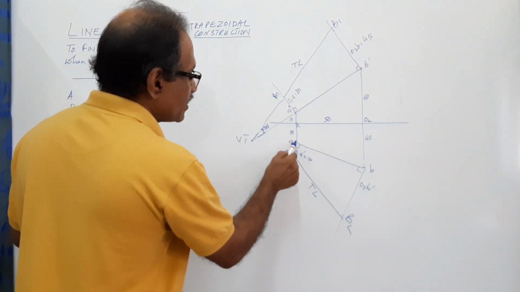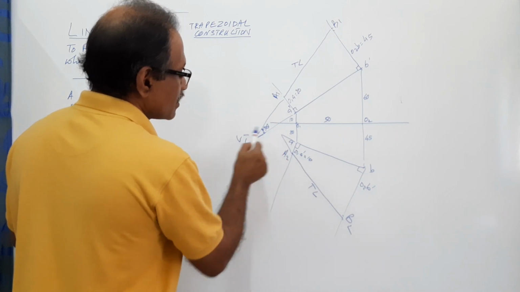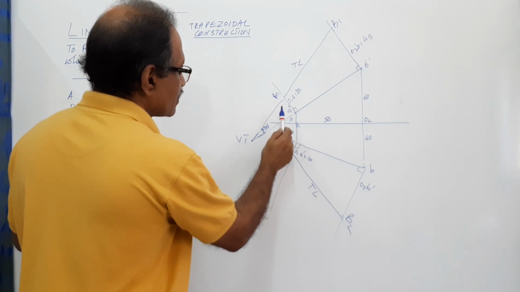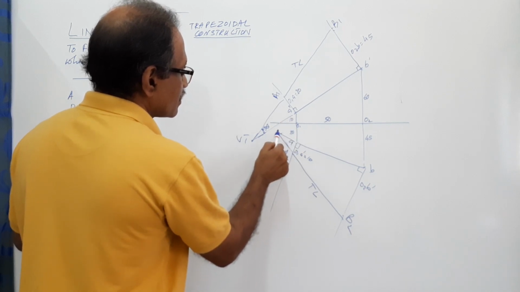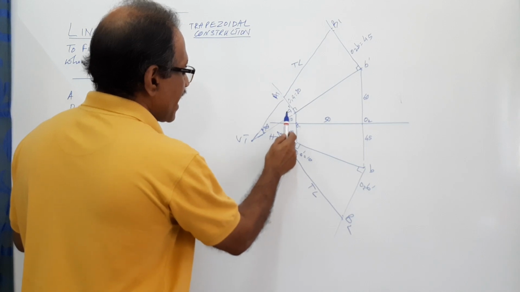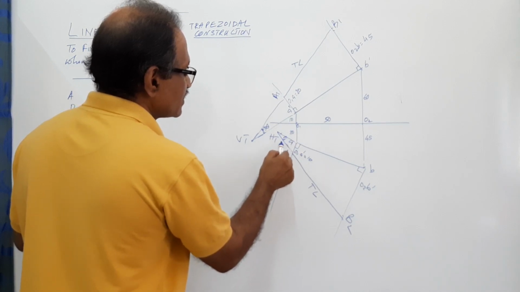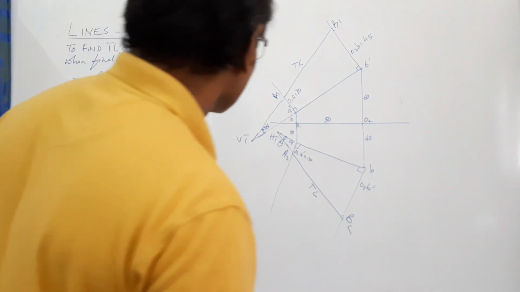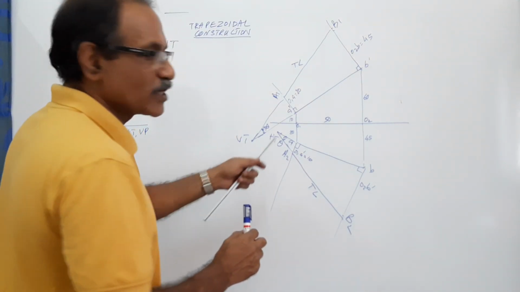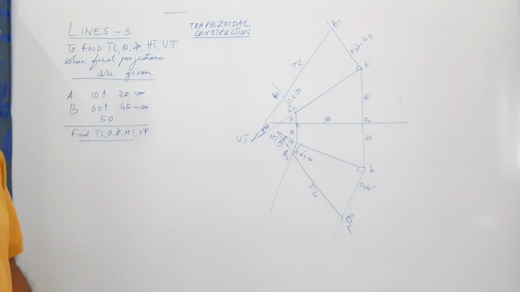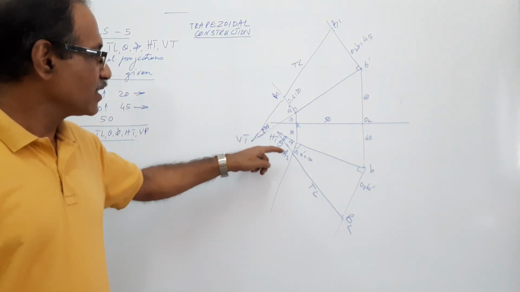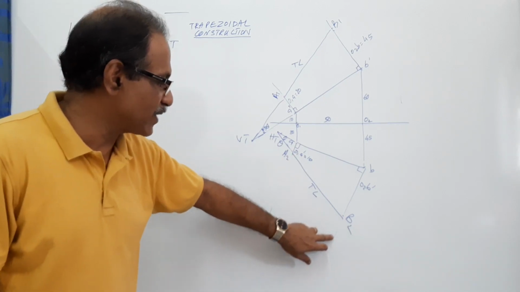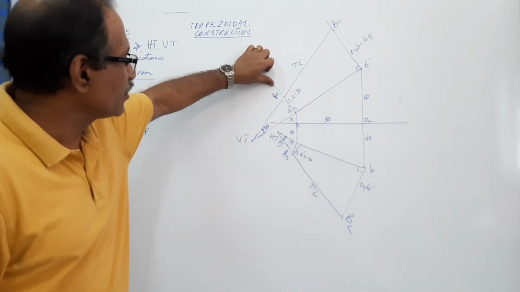They meet at HT and the included angle is theta. That's all. HT, theta, VT, phi. Once you construct it, you can remove the extensions for better appearance.